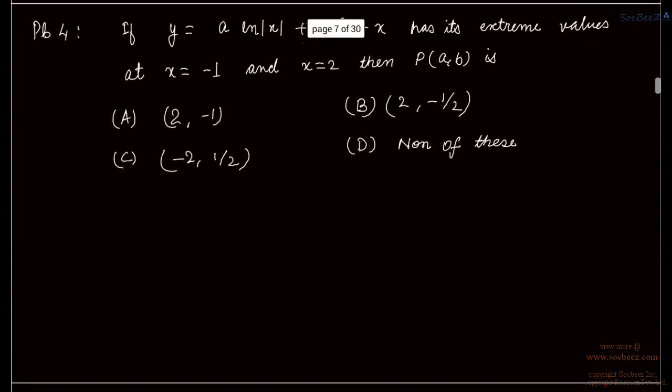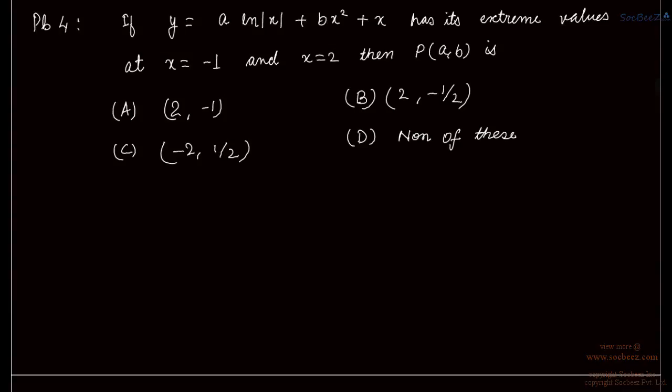Now moving to the next question, we have y is equal to a log mod x plus bx square plus x has its extreme value at x is equal to minus 1 and x is equal to 2. Then the point a, b is, so we have function f x is equal to a log of mod x plus bx square plus x, right?